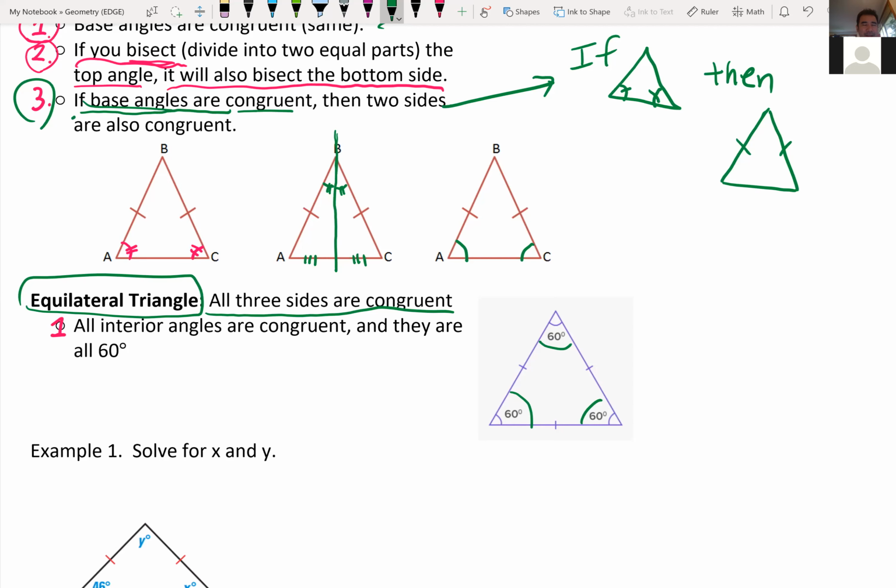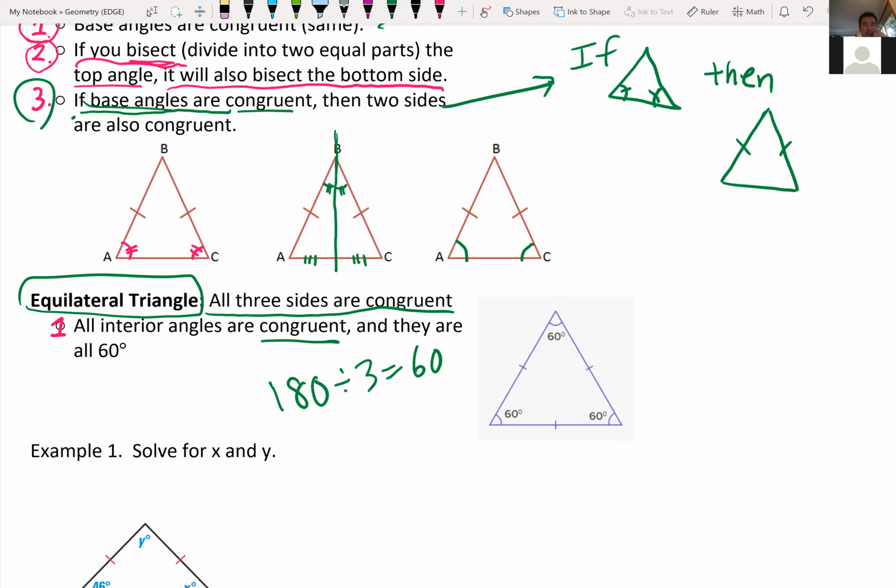Why? Well, they're all going to be equal, okay? All interior angles are congruent. All the inside angles are the same. Well, the sum has to be 180. So if you divide 180 by 3, it's 60, isn't it? So this one is 60, this one is 60, this one is 60.